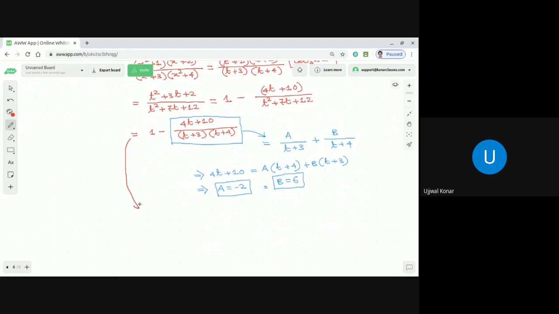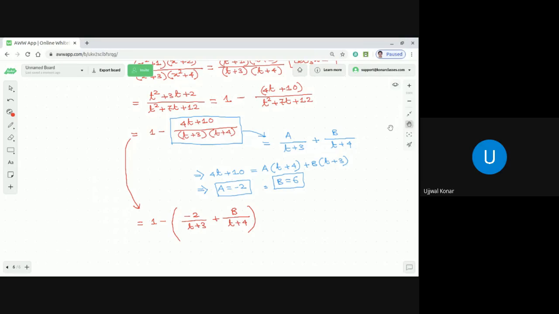This entire thing is now equal to 1 minus 2 by t plus 3, plus 6 by t plus 4. Correct or not? Yes. Clear or not clear?